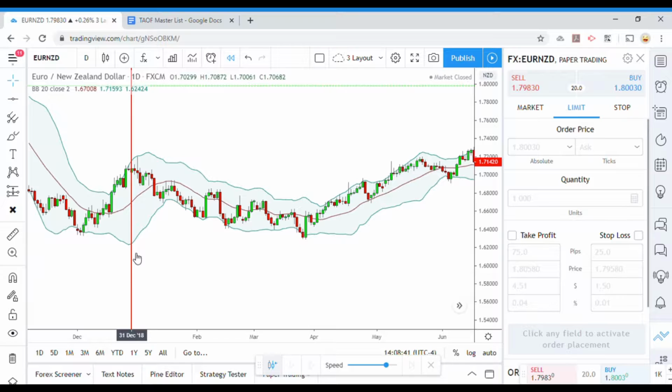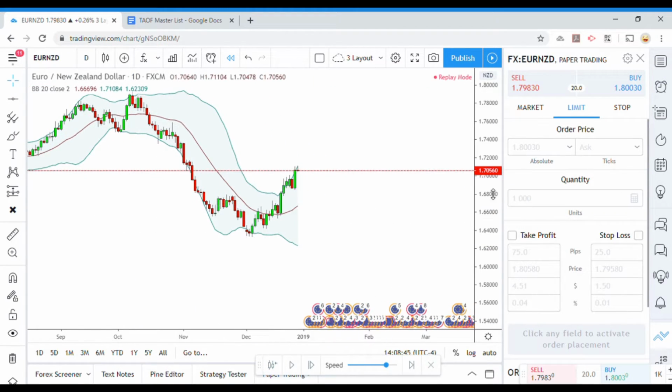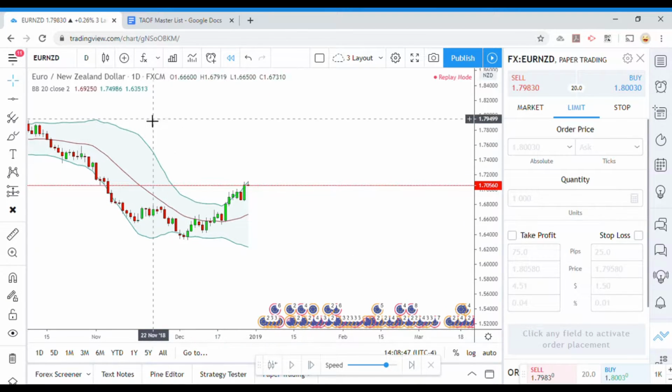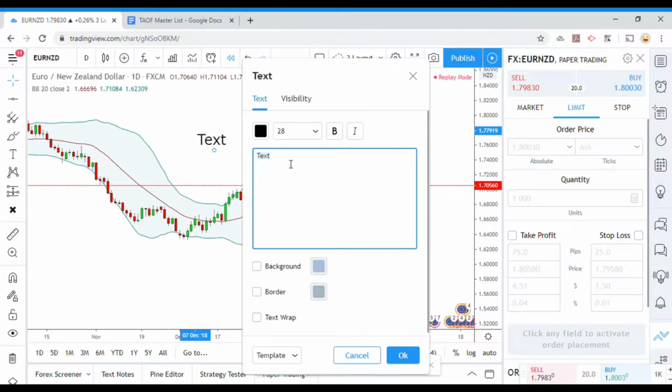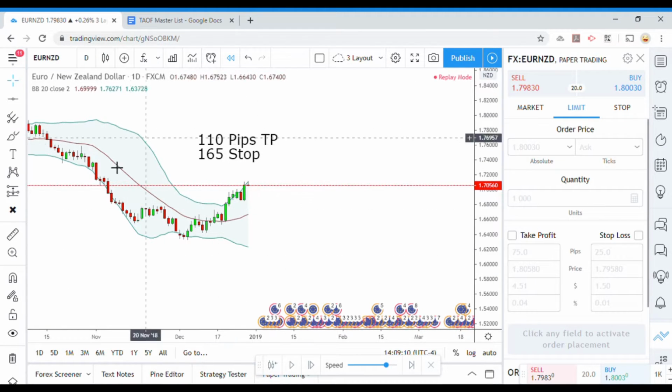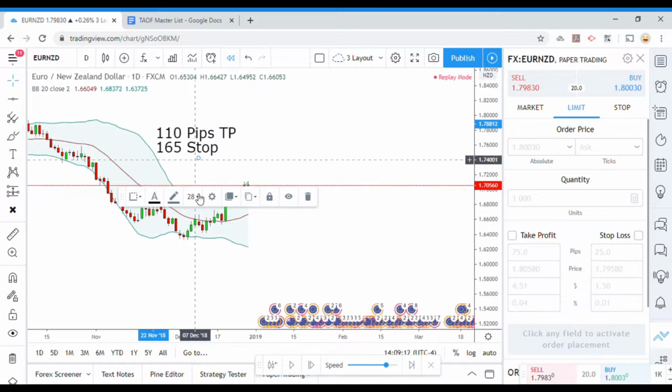January. Okay, there is 2019. The take profit is 110, and the stop would be 165.